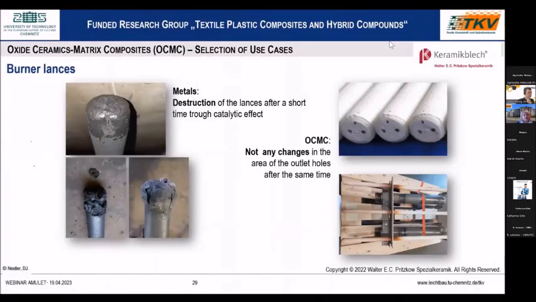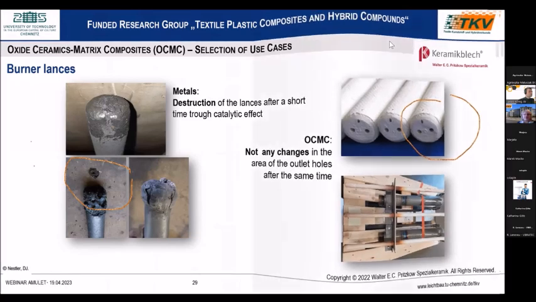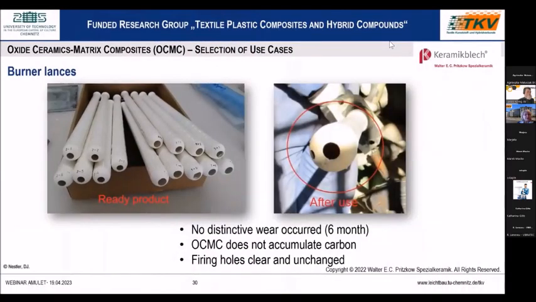Or here, some burner lenses made of metals: there is destruction after a short time, and with OCMCs there are no changes in the area of the outlet holes. You see this a little better here. OCMCs do not accumulate carbon, the firing holes are very clear and unchanged.